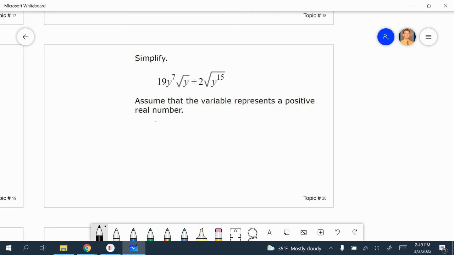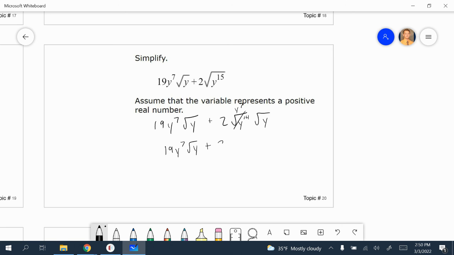So if I separate that, I'm going to separate it into y to the 14th and y. So then I'll have 19y to the 7th root y plus this is really the same thing as y to the 7th.